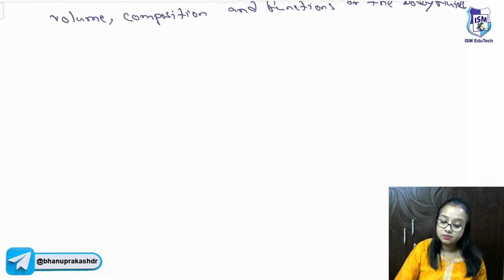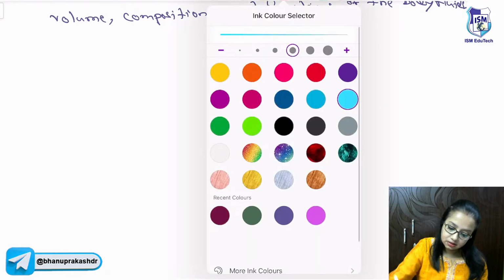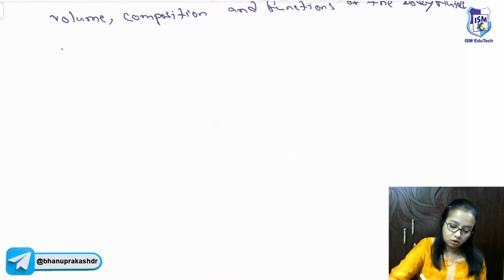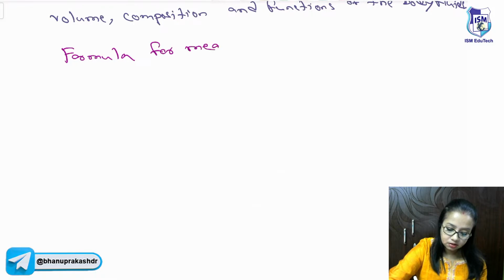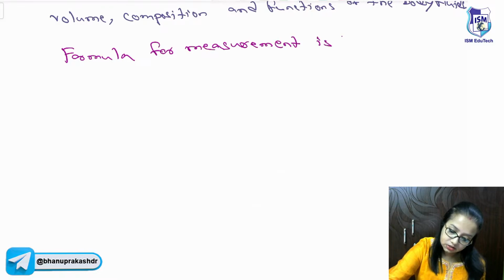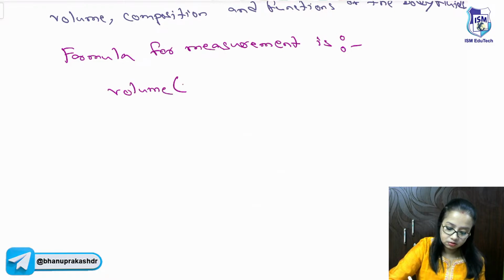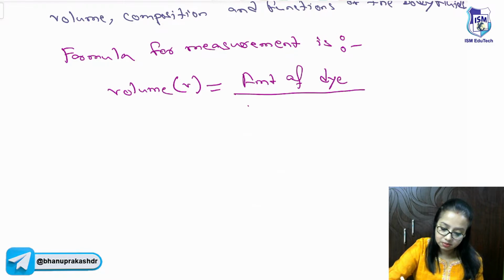Now, the principle or the method, the formula for measurement of the body fluid is volume V, which can be in ml or liters, equal to the amount of dye injected divided by the concentration of the dye.